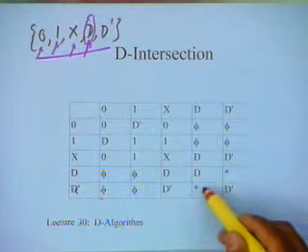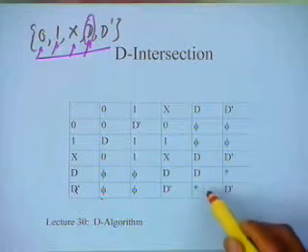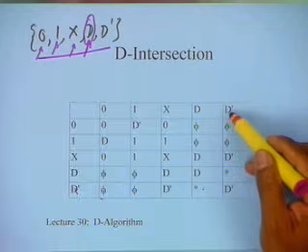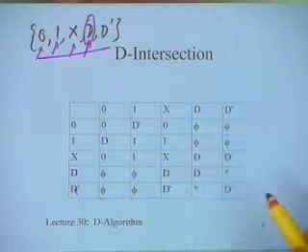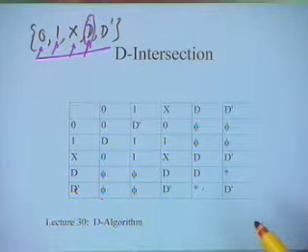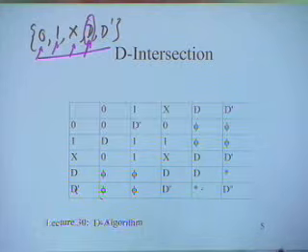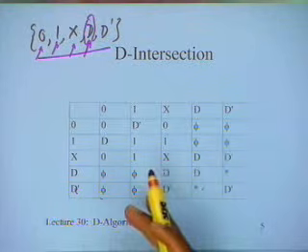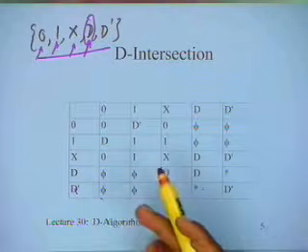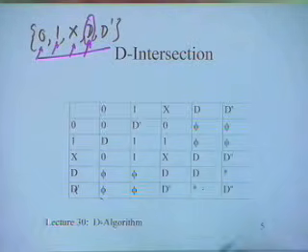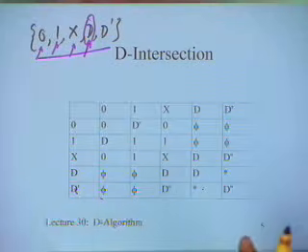I have put a star over here. This star has a particular meaning. Typically, if you have to intersect D complement with D, you are not allowed to do it. But what you can do is change the specification in such a manner that all D's become D complement, and then you can intersect. Because after all it is up to you, as long as you maintain consistency in the specification that you have, you can complement all D's to D complement, and D complement will become D in that case.